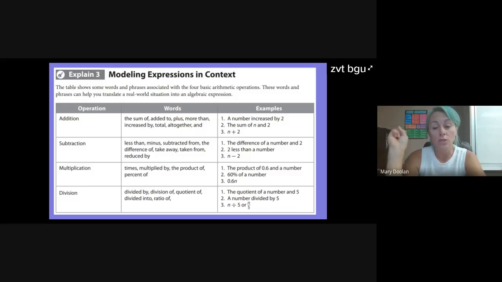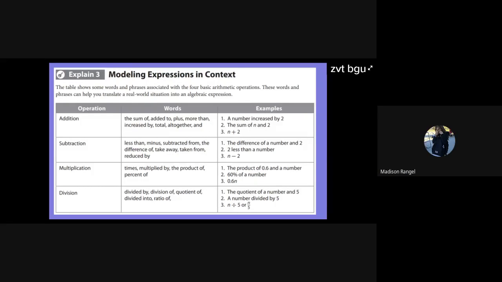So I can't switch around the n and the 2 because I would get a different value when I do that. Addition, you have that commutativity where you can change the n plus 2, and if you instead switched it to 2 plus n, you would still get the same value. But with subtraction, it doesn't work.